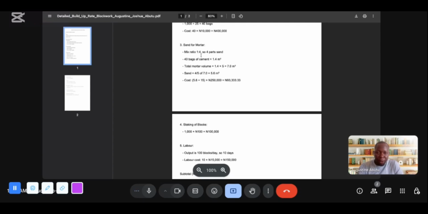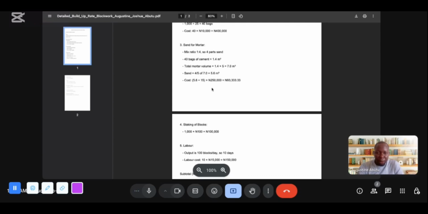According to the formula, 4 represents sand and the total is 5. So you divide 4 by 5, and then multiply it by 7.0, it will give us 5.6 cubic meters. So that's our volume of sand.